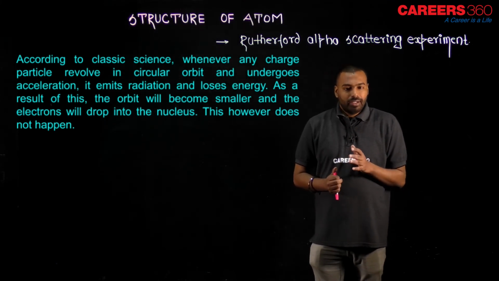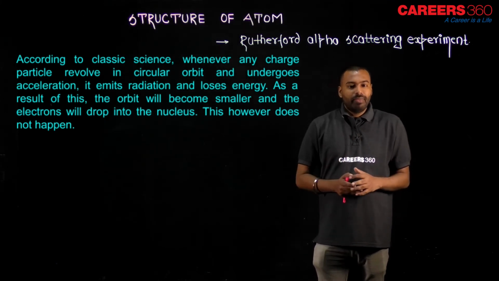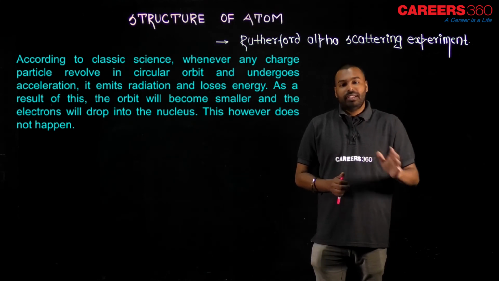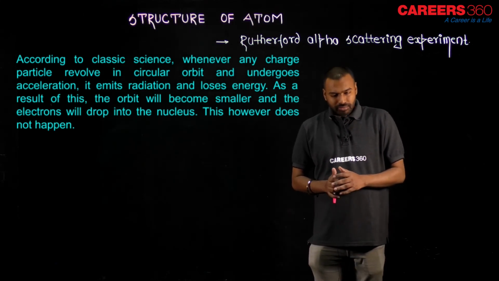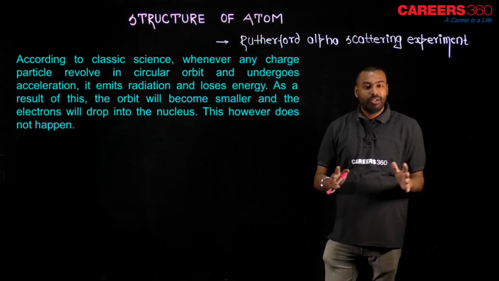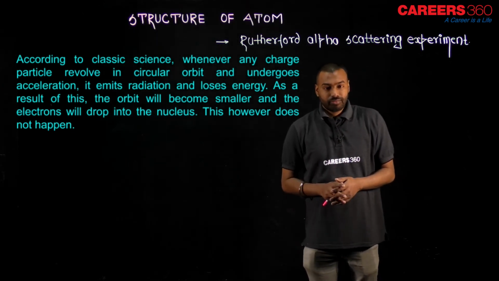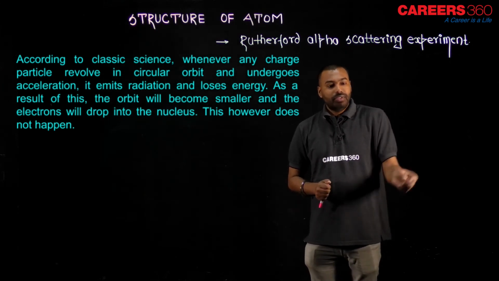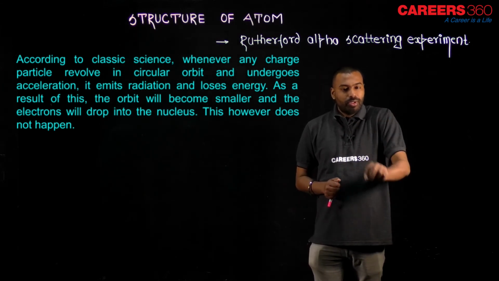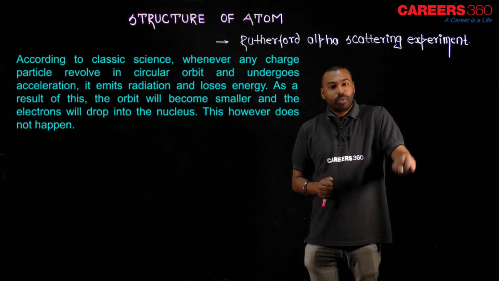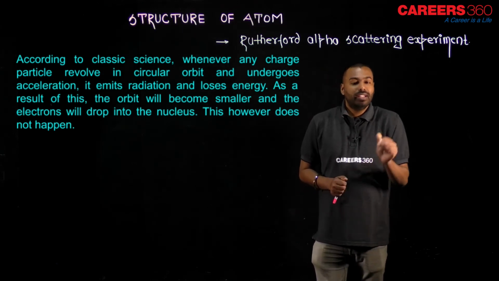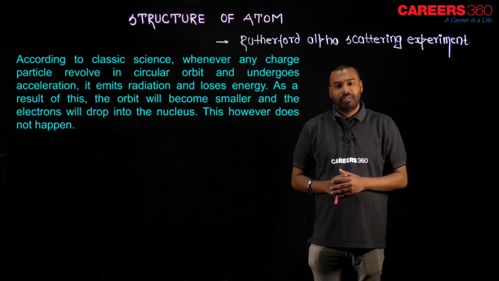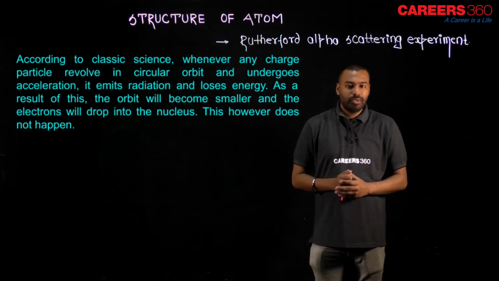So after some time it will lose energy. Energy can neither be created nor destroyed, but we can transform it from one form to another. So the energy due to which the charged particle is rotating will decrease. Classical theory says that.